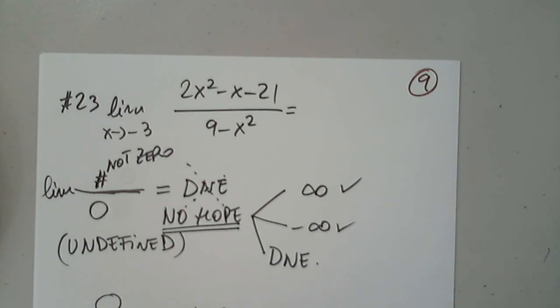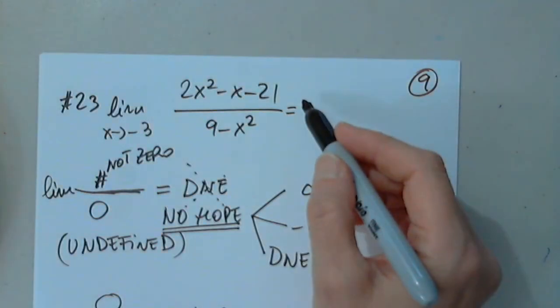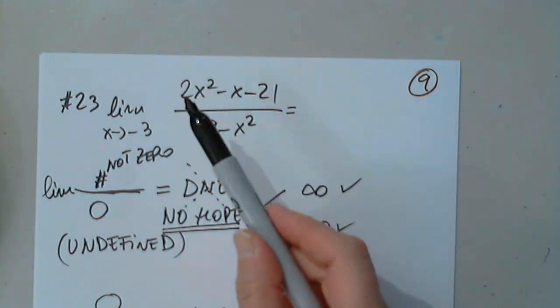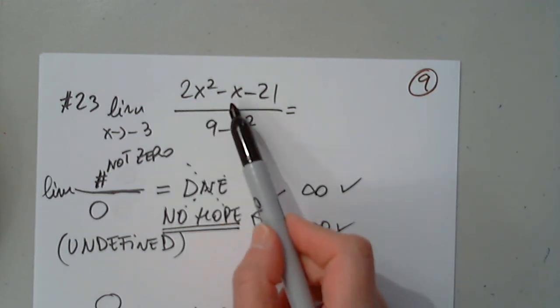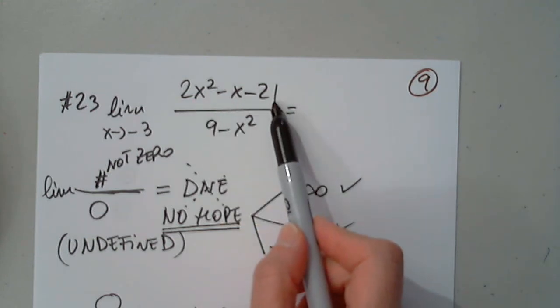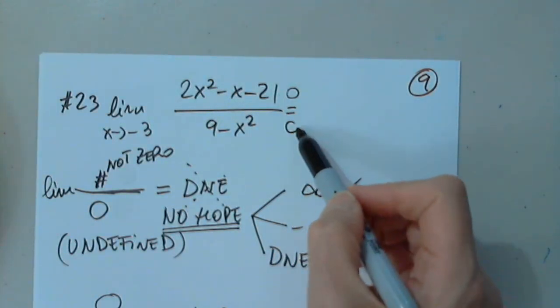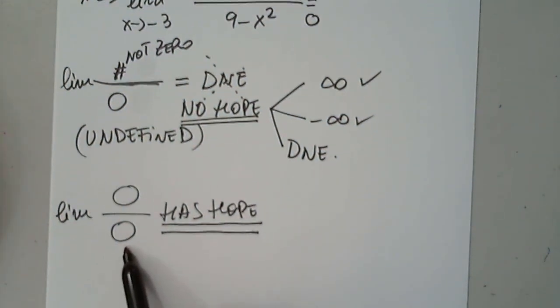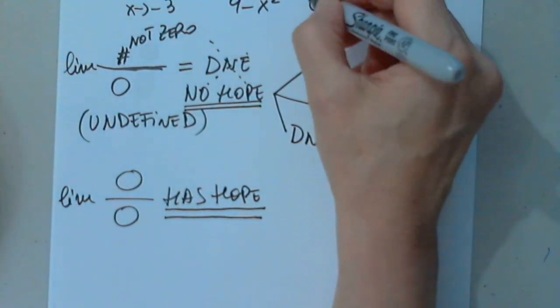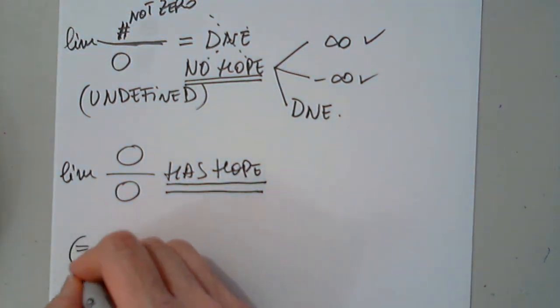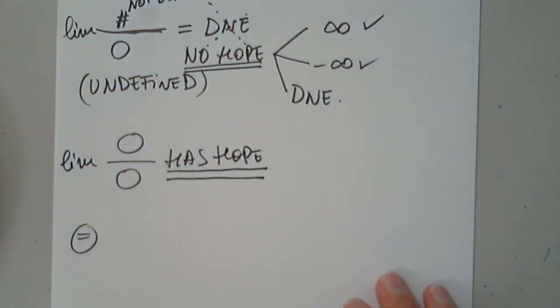And can anyone give us what we get when we plug it in the denominator? So 9 times 2 is 18. 3 minus 21. I think the top is 0. 0 over 0. There is hope. Okay, so I'm going to circle that and continue here because I have stuff in the middle.